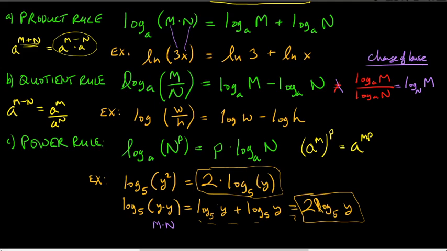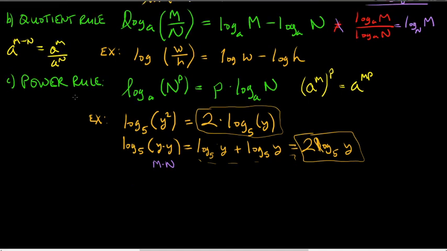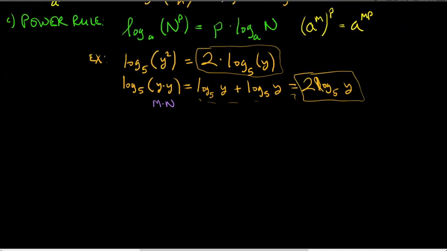Okay, now I feel like I should warn you about something because there's a very common mistake people make here. So this is a warning. Suppose I have, let's just say, log base 10 of x plus 7.